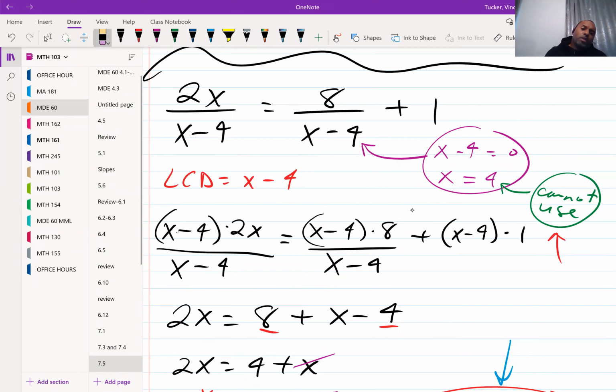All right. So x minus 4 is going to be my LCD. That's the only denominator that I have. So I multiply each term by the x minus 4.